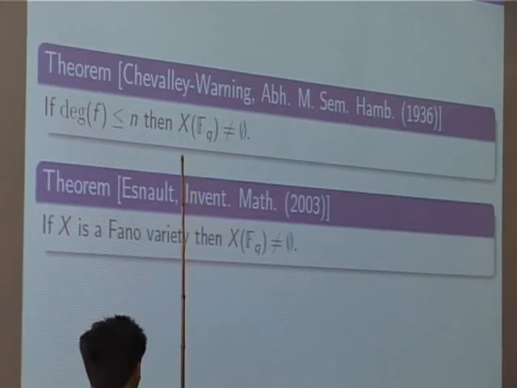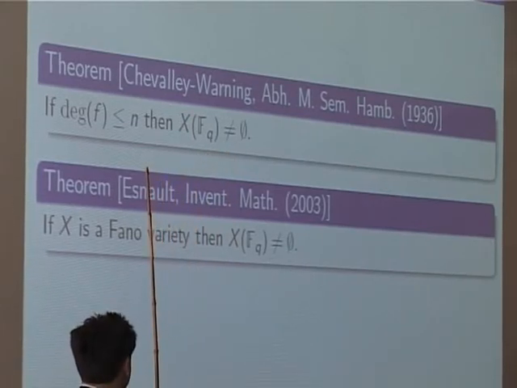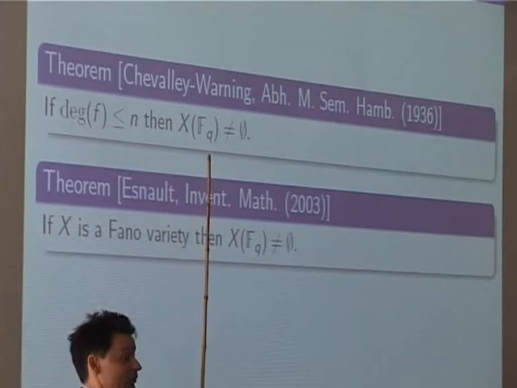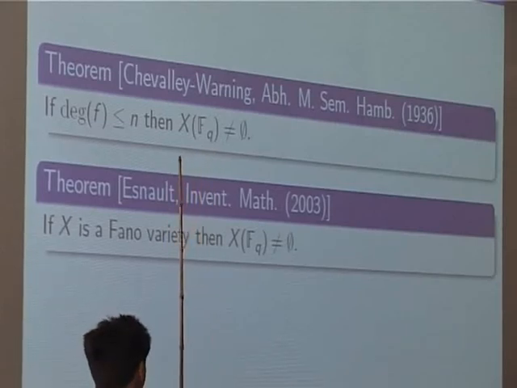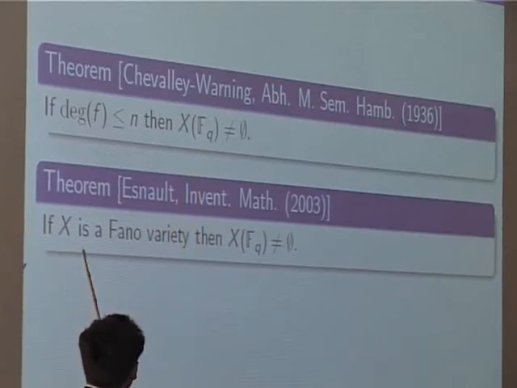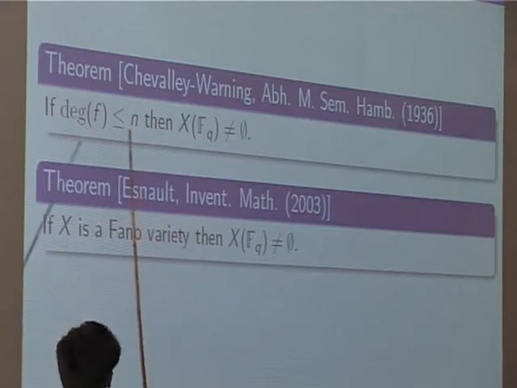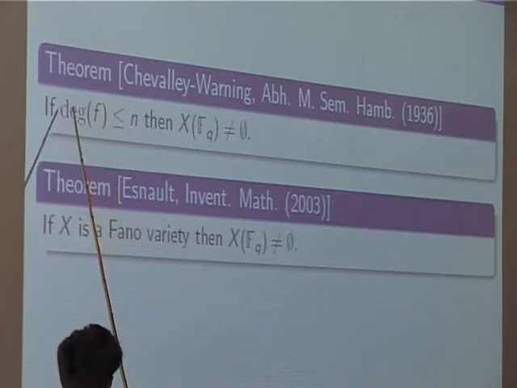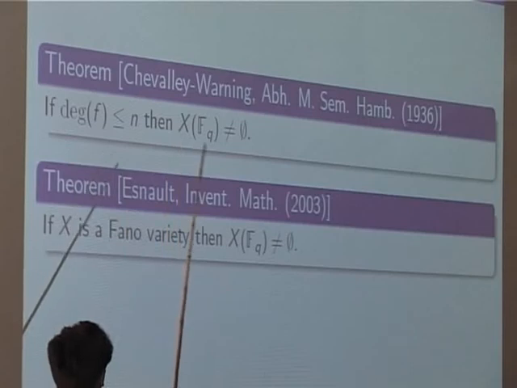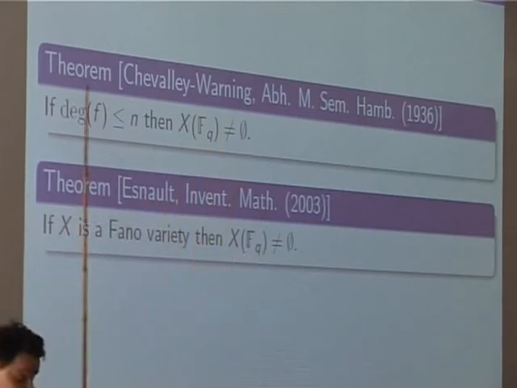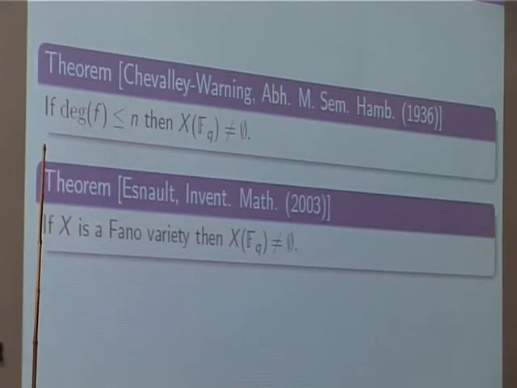We'll discuss this notion later on, and rationally connected varieties. So you can show that for a certain class of varieties, which are in a sense generalizations of hypersurfaces of low degree, you always have points over a finite field.